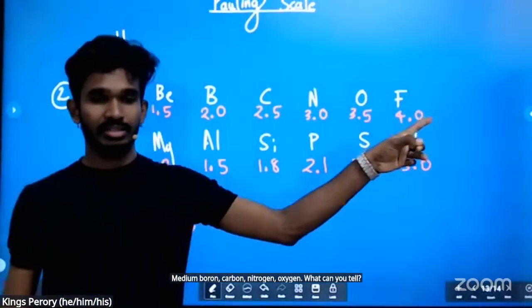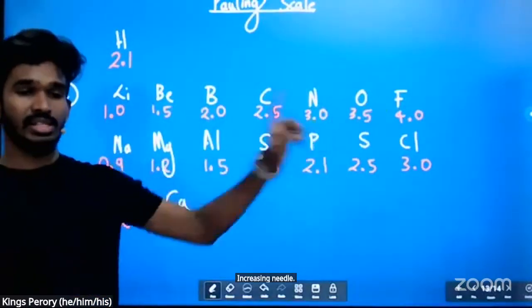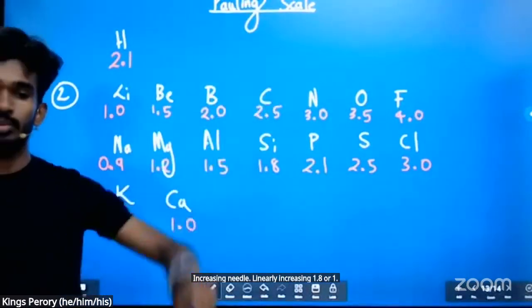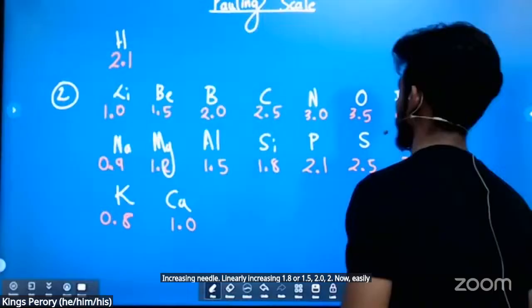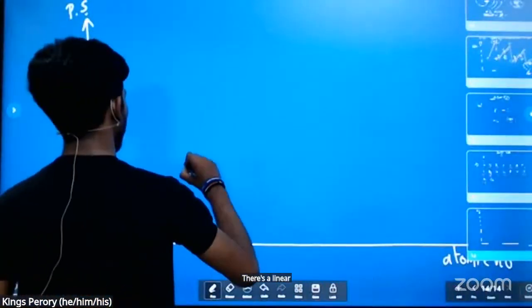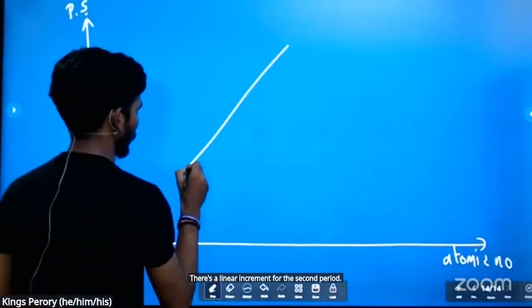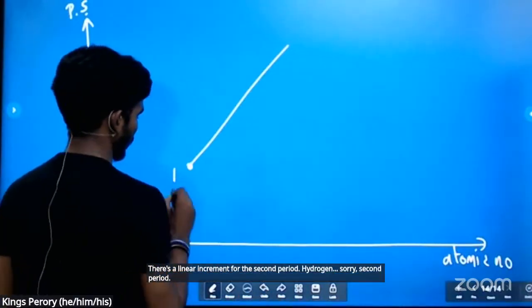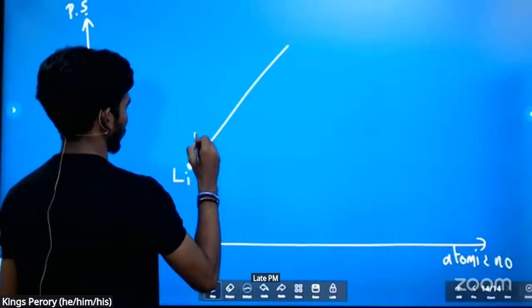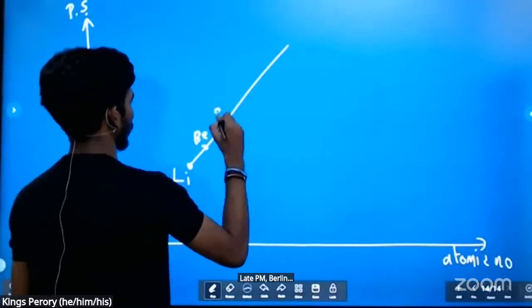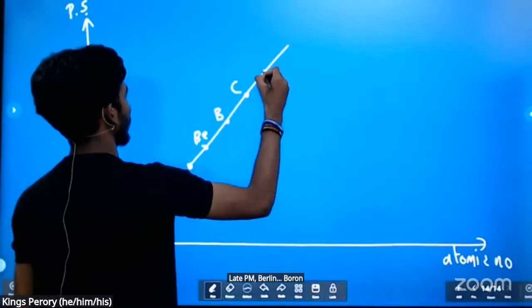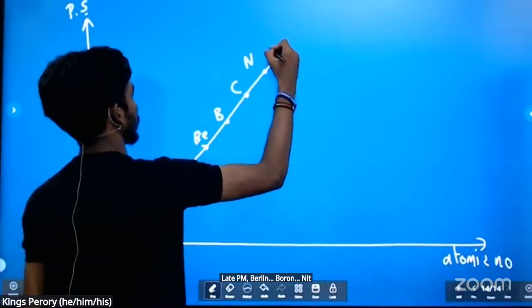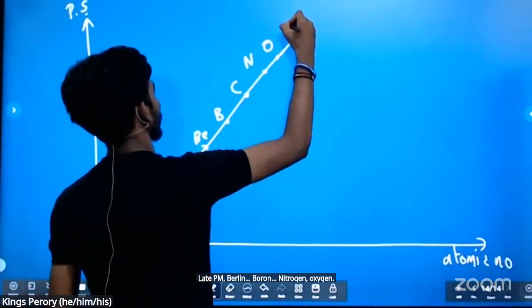Linearly increasing. 1.0, 1.5, 2.0. Nicely, linearly increasing. There's a linear increment for the second period. Lithium, beryllium, boron, carbon, nitrogen, oxygen, fluorine.